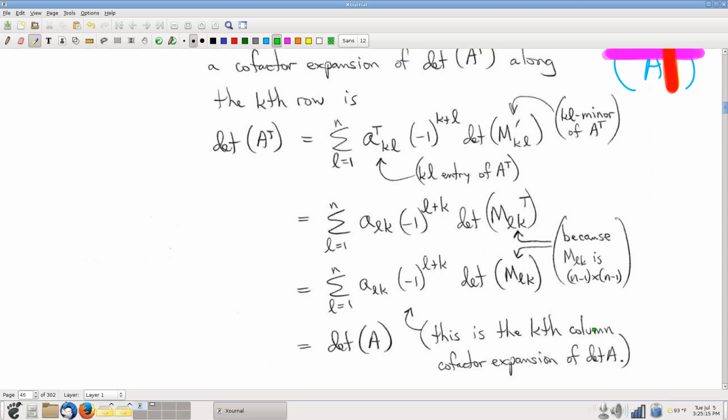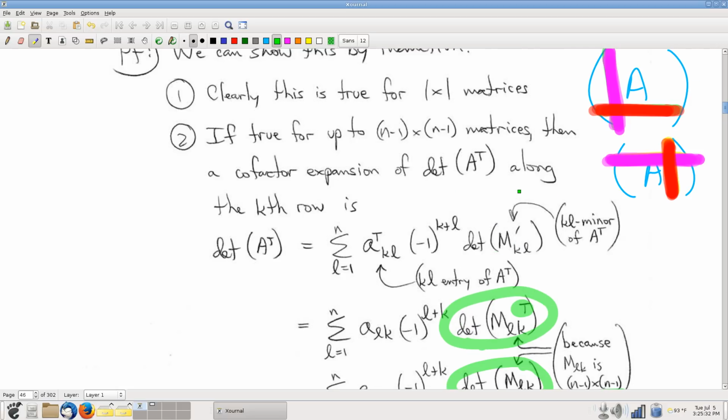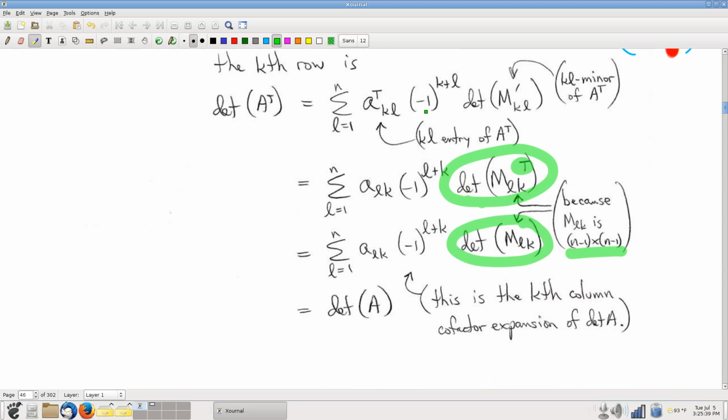With that observed, looking at this factor, the determinant of this minor, well, this is an n minus 1 by n minus 1 matrix. We already know that transpose preserves determinant. So this transpose didn't do anything. So again, keep in mind we're assuming that the result is true for n minus 1 by n minus 1 matrices. So we know that's equal to that.